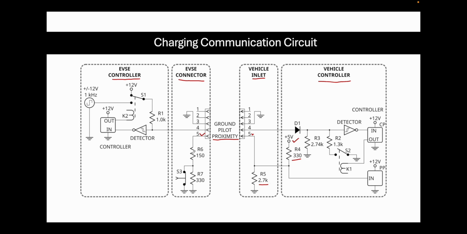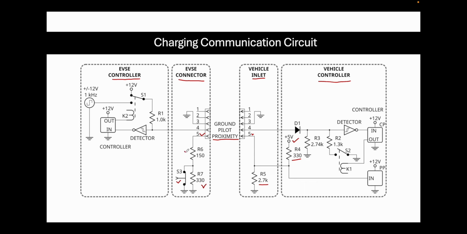If you see any charger, then you will have a handle. In that handle there will be a switch. That switch is this one, which is S3. If it is pressed, then this particular resistor will get shorted, and if it is not pressed, then it is not shorted, and basically the driver is not holding the charger.